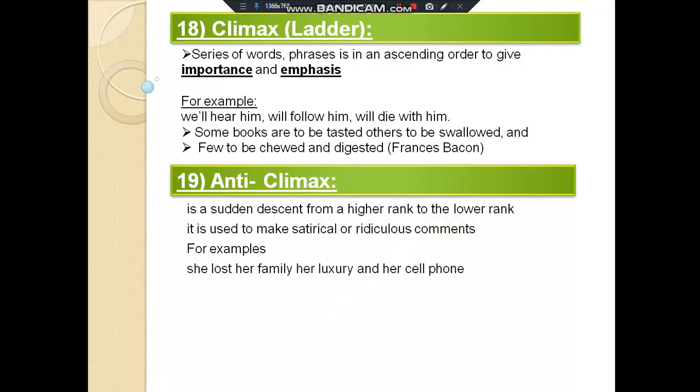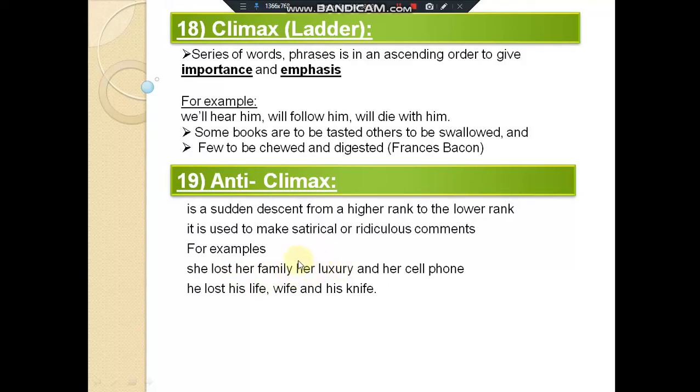For example, if I say that she lost her family, her luxury, and her cell phone. Look here, the next one. If he says he lost his life, his wife, and his knife, what actually does he want to say? First of all, he started from the high rank. She lost her family. Family is lost, then what is left? And her luxury.